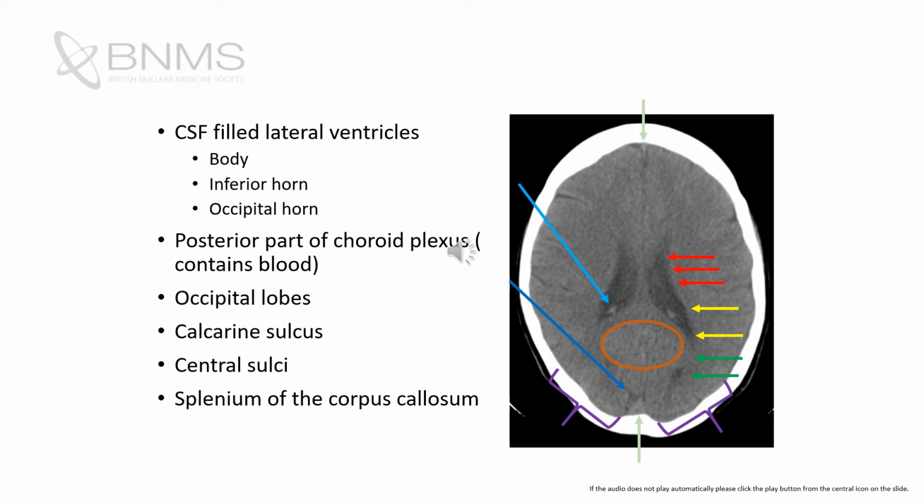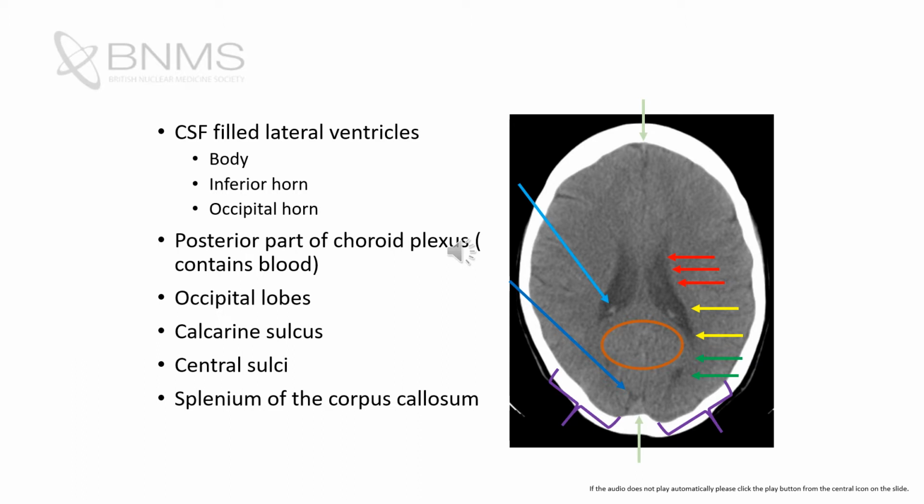The inferior horn of the lateral ventricles is indicated by the yellow arrows, and the occipital horn can be identified on the left side by the green arrows. Widening and dilation of the lateral ventricles can be a sign of diffuse and focal atrophy when reviewing the CT scan for dementia assessment.